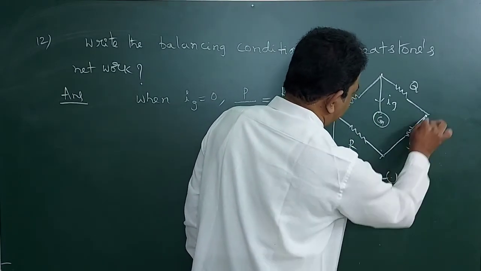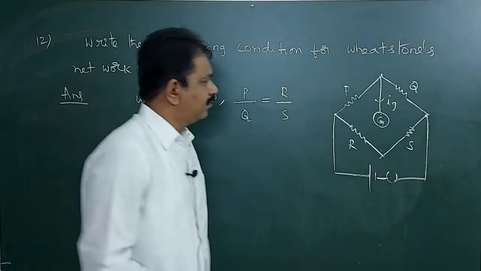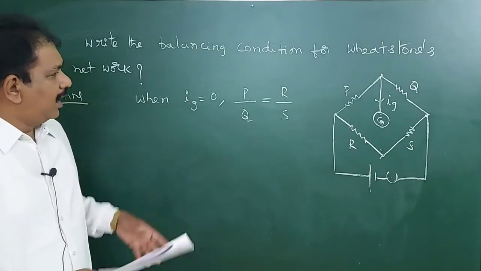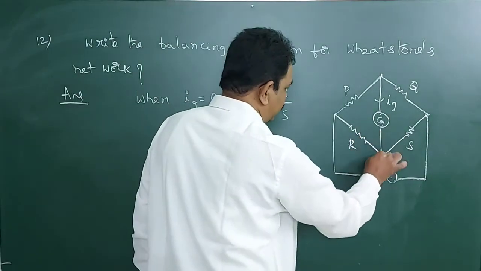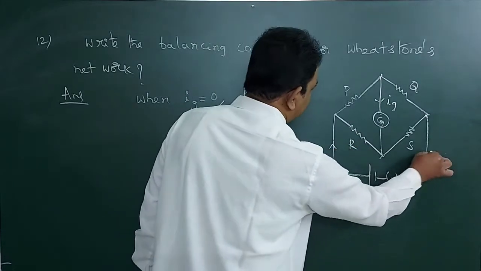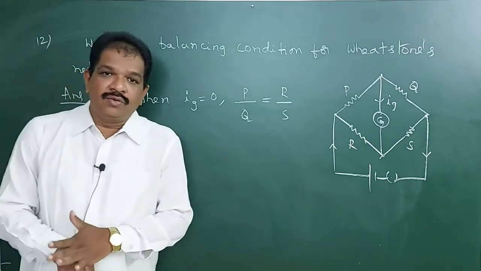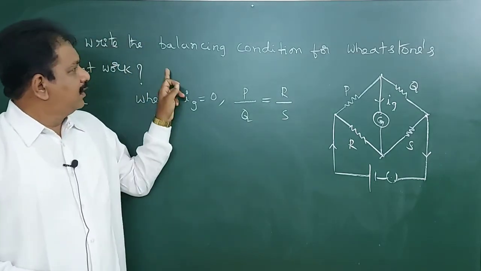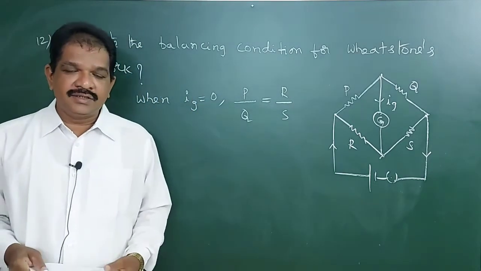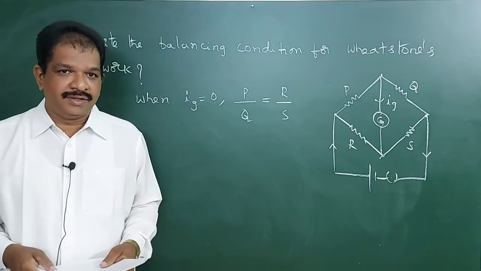It is connected to a battery and tap key. So when Ig is equal to 0, the P by Q value is equal to R by S. That is the balancing condition of the Wheatstone's bridge.